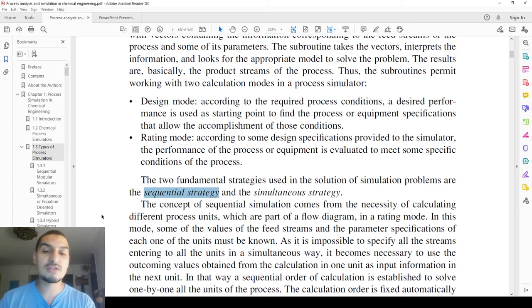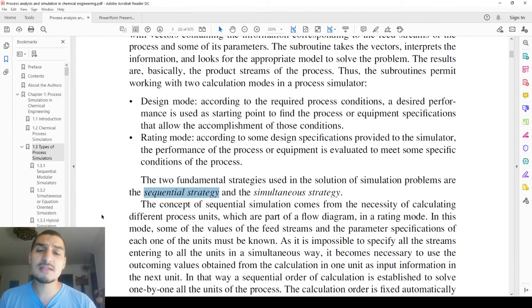And this is not something that the sequential strategy understands easily. That's why, for instance, in Aspen HYSYS, you need to define that this is a recycle stream. It's not something that it understands by itself. So you have to connect the recycle stream with the stream or the unit that it's going to be mixed with, and then you connect them with an R, which is a recycle. So you can tell it that this is a recycle to this place.